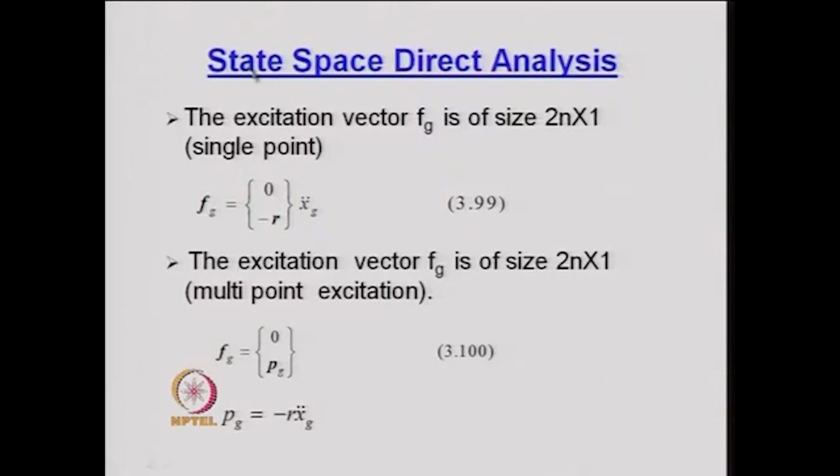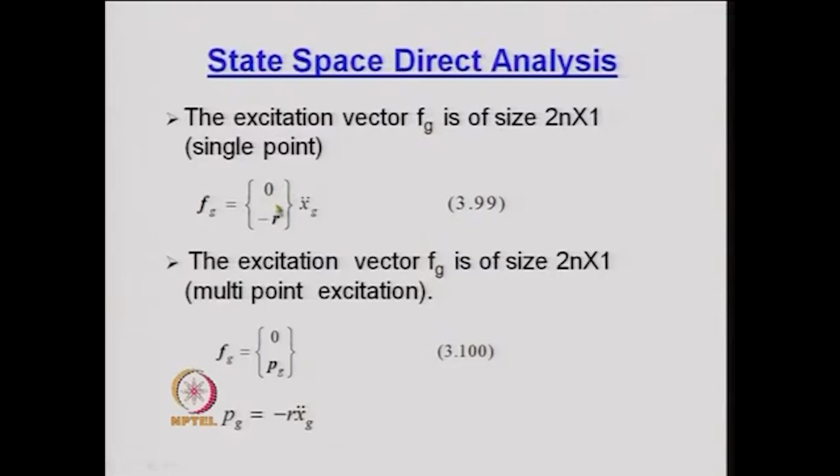Now, this is for the single point excitation system; this is not R, this should be I, that is the influence coefficient vector. For the multi point excitation system, this becomes R into x double dot g, that becomes the force. The vector is of size 2n: if it is n degree of freedom, then the vector will be of size 2n.